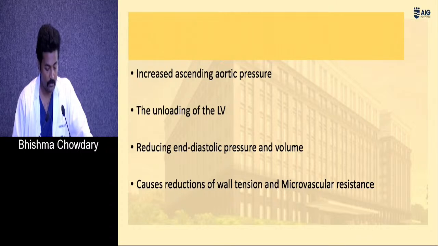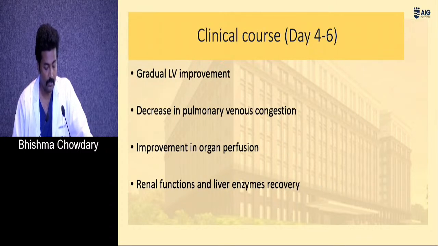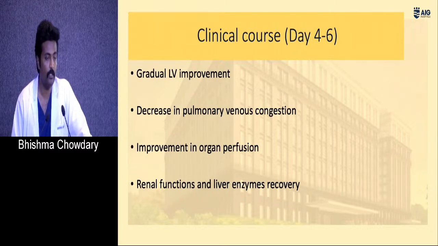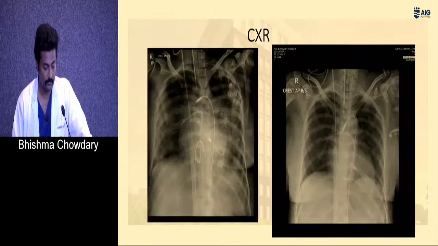Like I said, the wall tension and everything has come down, and the LV gradually improved over the next few days, and the pulmonary venous congestion came down. The organ perfusion was much better. Overall, the organs are perfusing well and recovering better. These are the X-rays.